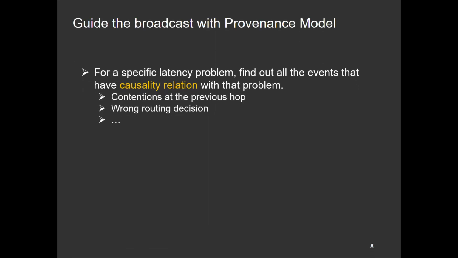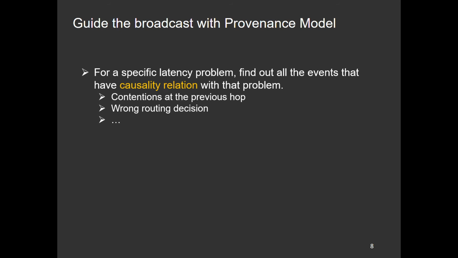So the question becomes how we guide the broadcast with the provenance model. We choose to use the provenance model to find out relations. For a specific latency problem, many events may contribute to the problem, like contention along the historical path and also the wrong routing decision of other flows.